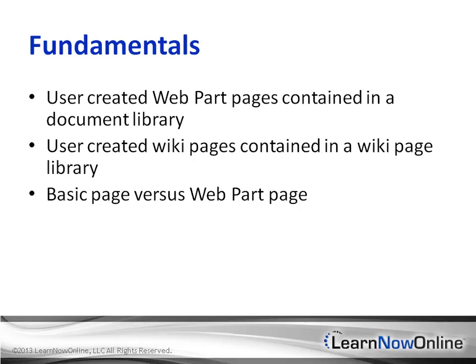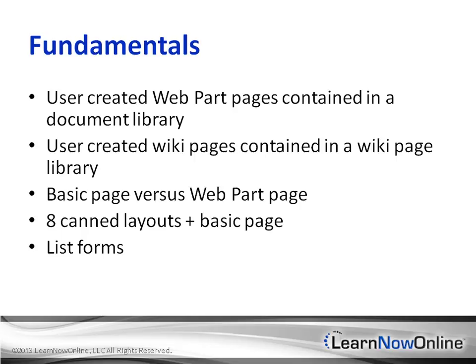So the more flexible wiki page is the default, and a team site has the site pages library that stores the basic pages, and it also contains a site assets library, if you want to store resources like the images that you use in your pages. When you go to create a web part page, there are 8 different layouts or templates to choose from, plus just a basic page.